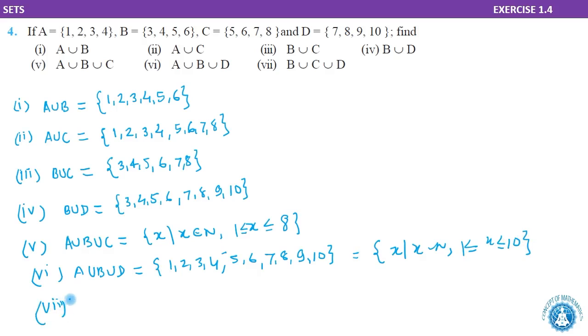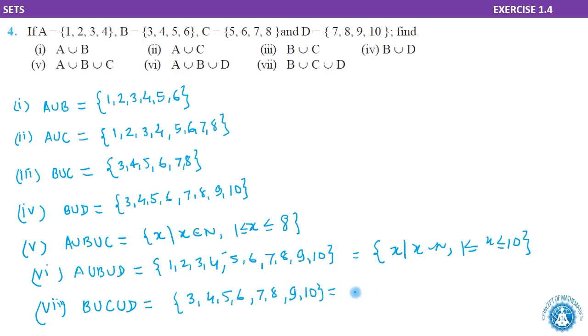The 7th question is the union of B, C and D. It will start from 3, 4, 5, 6, and C will have 7 and 8 as extra elements, and D will have 9 and 10.